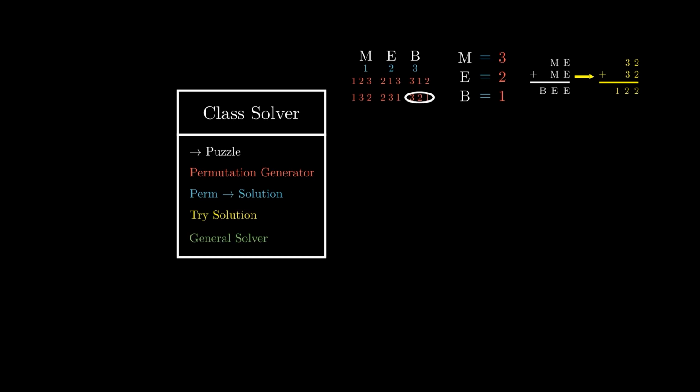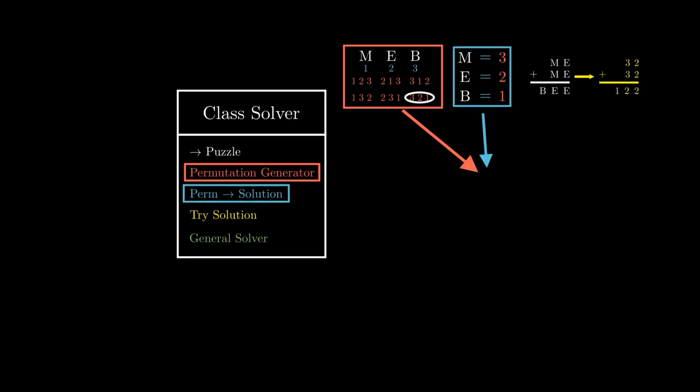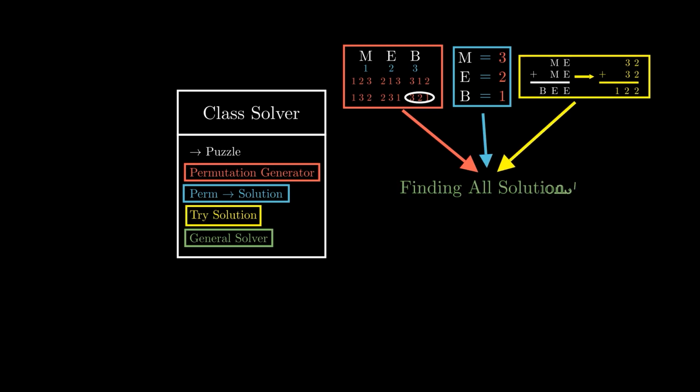This function can tie everything together by generating all permutations, transforming them into solution maps, attempting each of these solutions, and lastly, keeping all solutions that yield equality. With just these 4 functions, each of them relatively straightforward, Steve now has everything he needs to solve the puzzles that we give him.